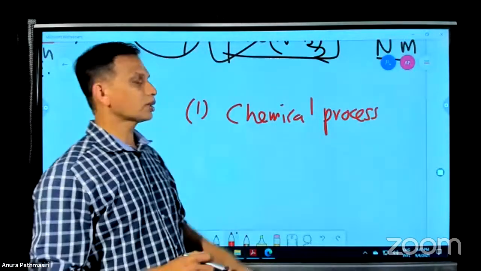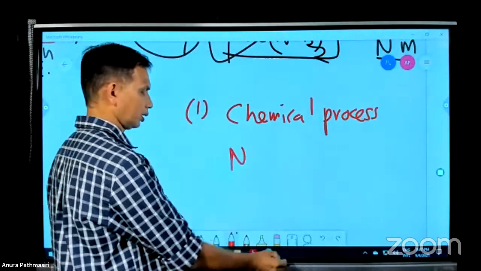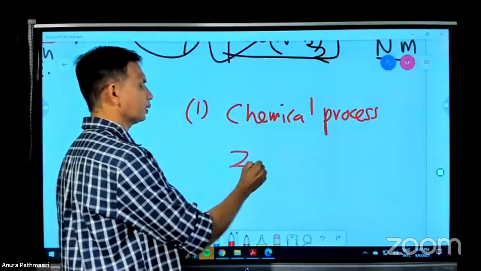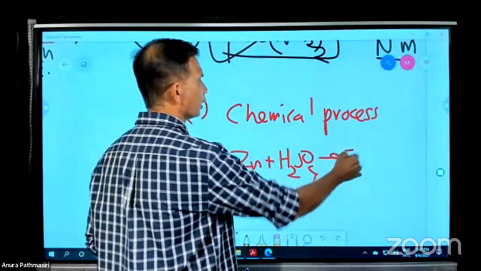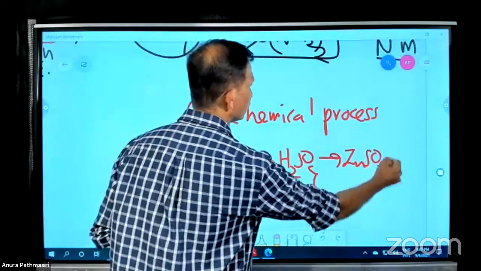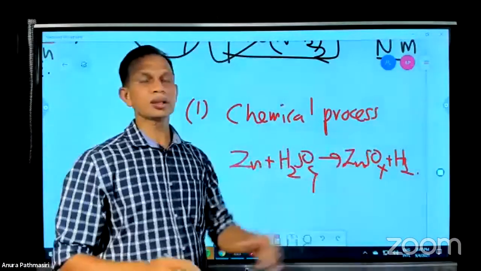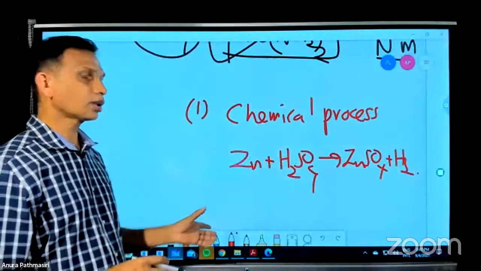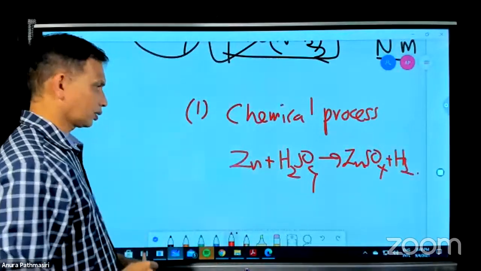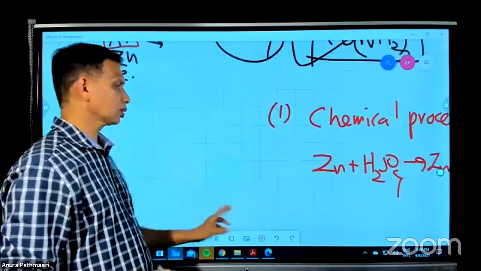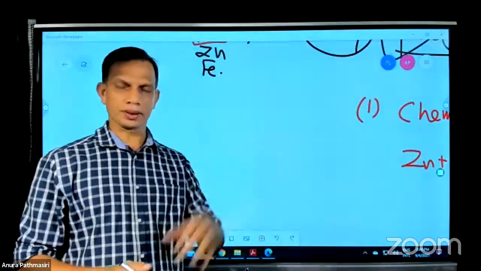In the chemical process, as we observed, when zinc metal reacts with dilute sulfuric acid, there is a chemical reaction producing zinc sulfate and hydrogen gas. At the same time there is electron exchange. Electricity is something where charges are passed.